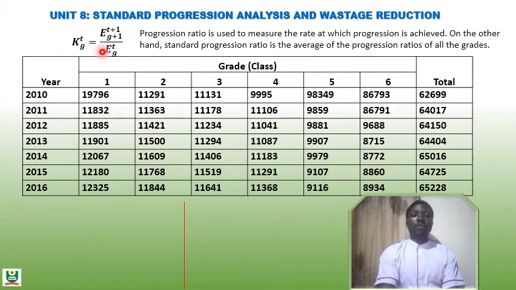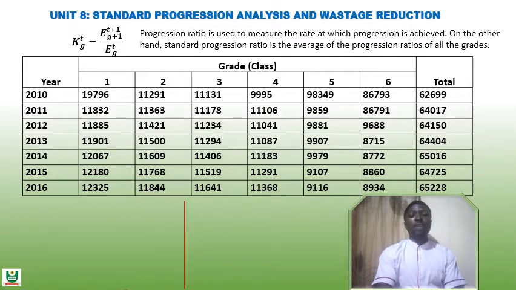So the progression ratio now will be the number of students that progress to grade 2 over the number of students in the previous year. You understand? And then we multiply the results by 100 if we are to get our answer in percentage. So take note of that. Now let's quickly move on.